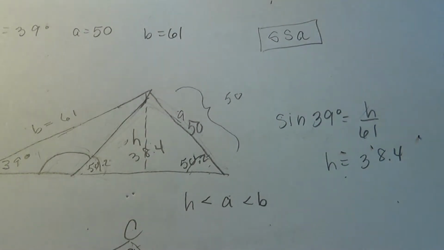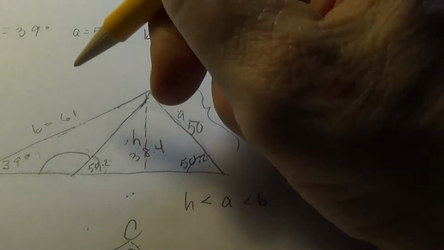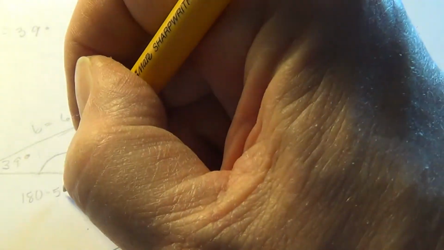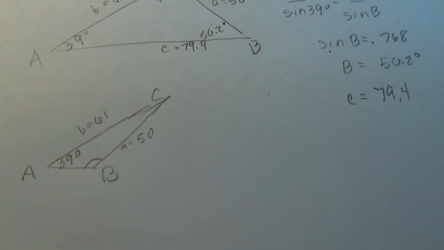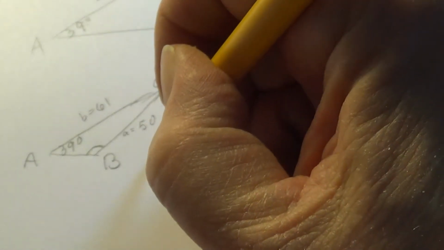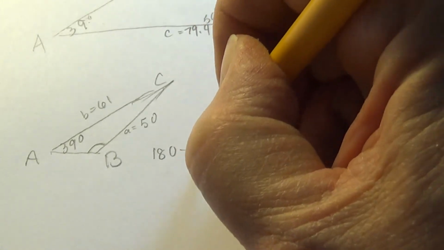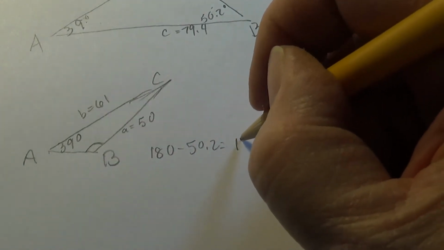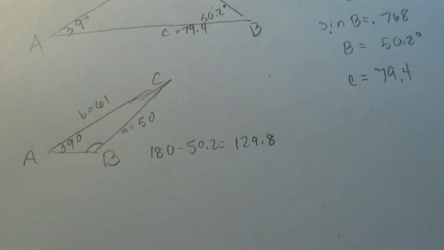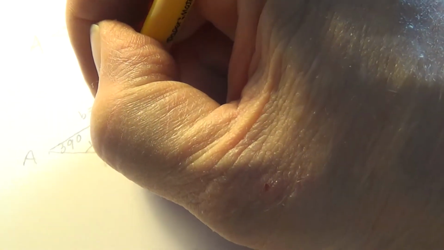We can get the angle we're interested in, and that's 180 minus 50.2. When I did that, I got my angle B, 129.8. And I was expecting an angle greater than 90, called an obtuse angle, so that's what I got.